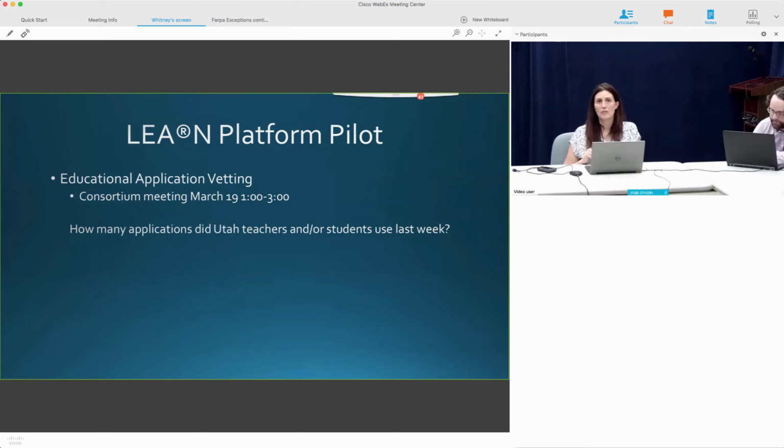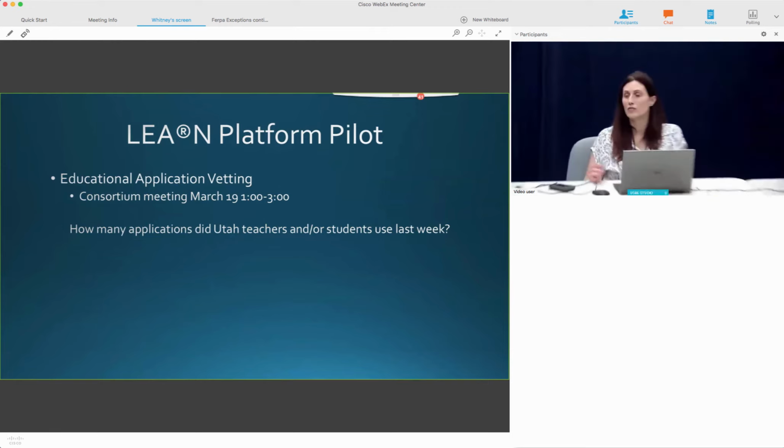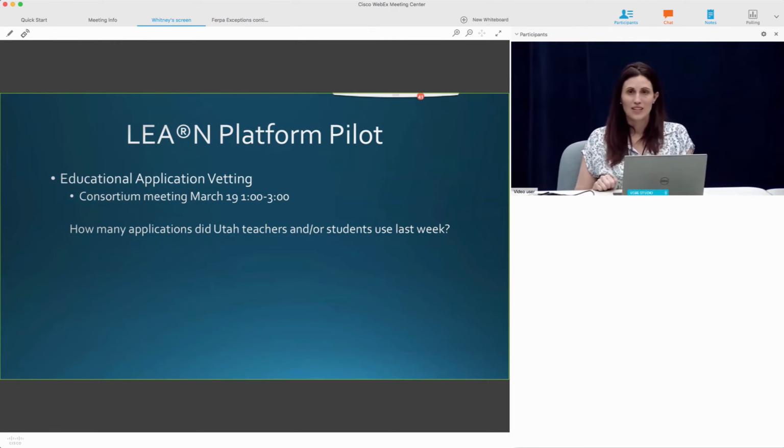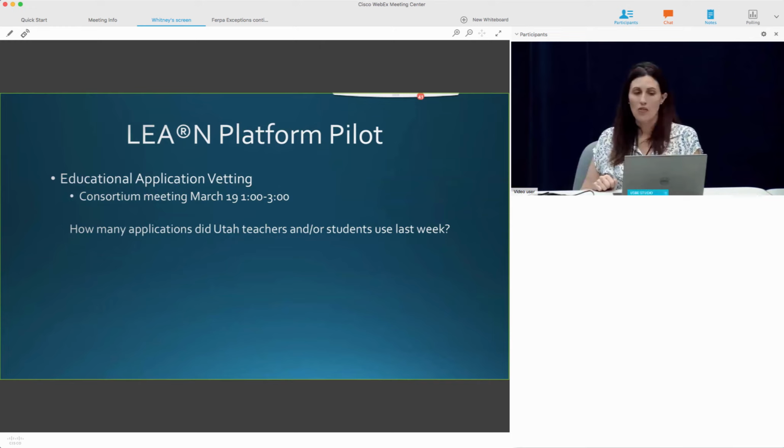Those have already started developing this for themselves so that we can develop something at the state level, so that you don't have to go through and read every privacy policy and get contracts from all of those 1,000 applications 154 times, for every LEA. So we're working on that, and we will keep you updated on that progress.